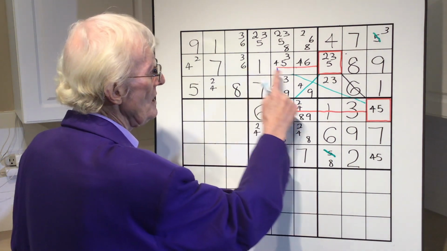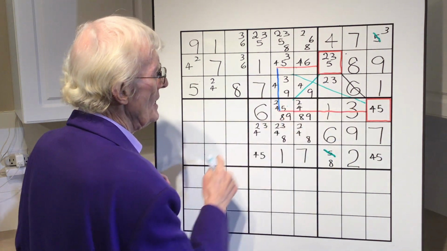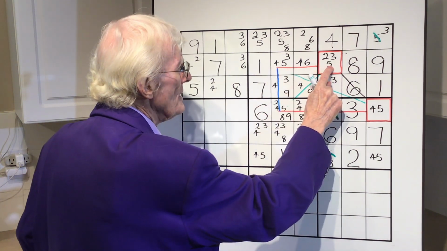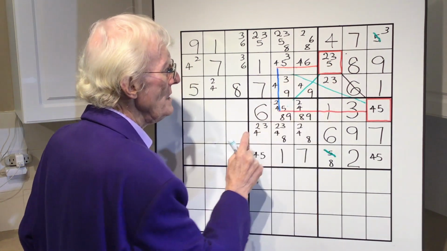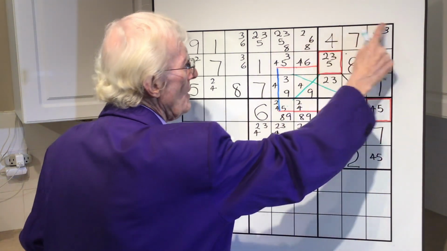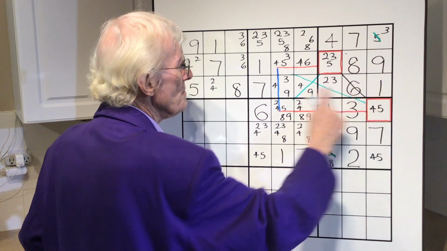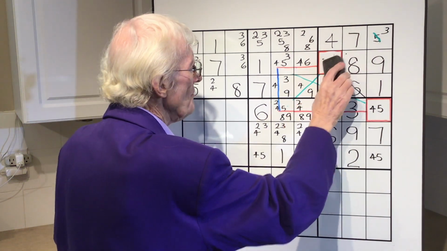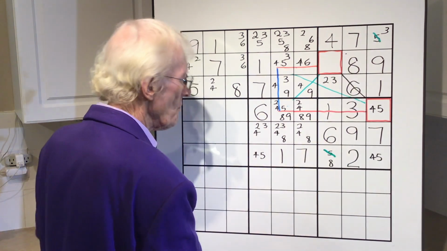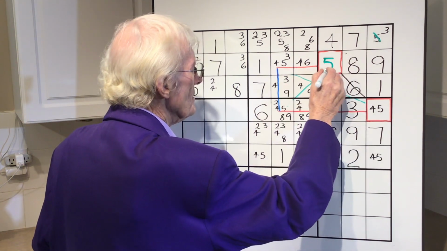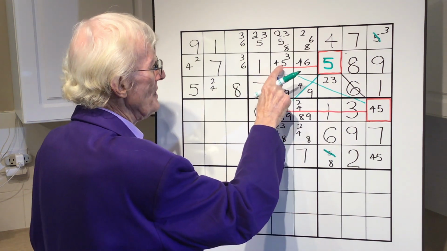Now let's look at the diagonal cross here. I'm going to say this. This one here has to be a 5, because with that 5 gone, there's no other place to put a 5 in this block. Woo! So I'll just make this into a 5, and I want you to see what happens. If that's a 5, this cannot be a 5.